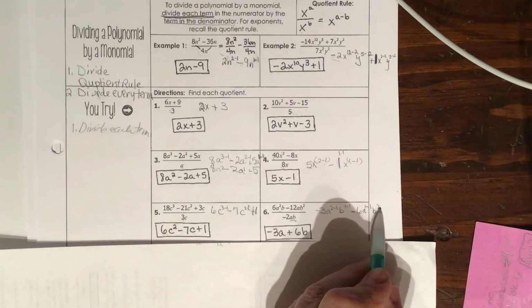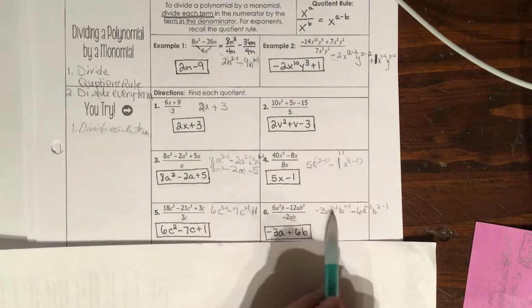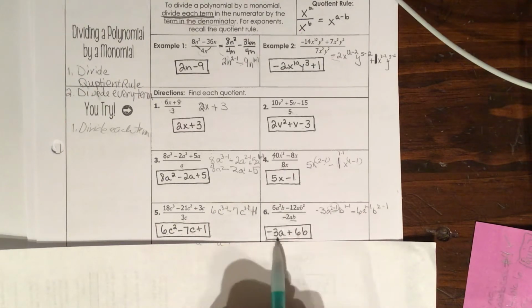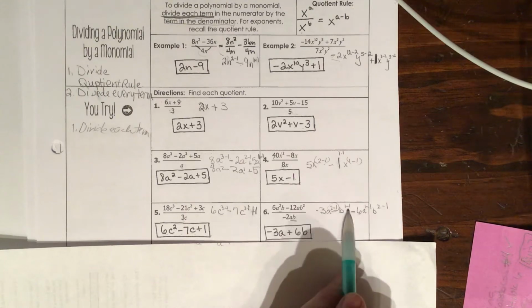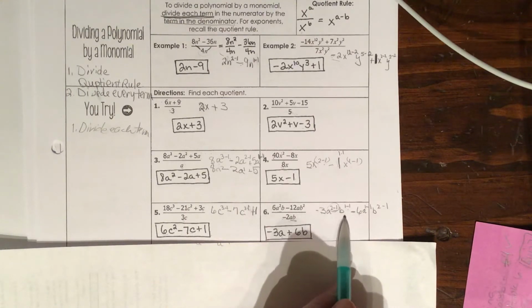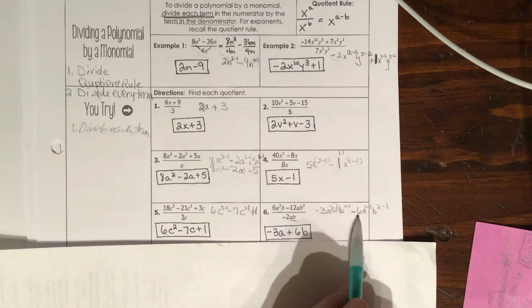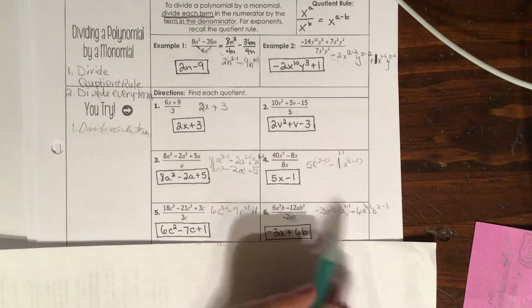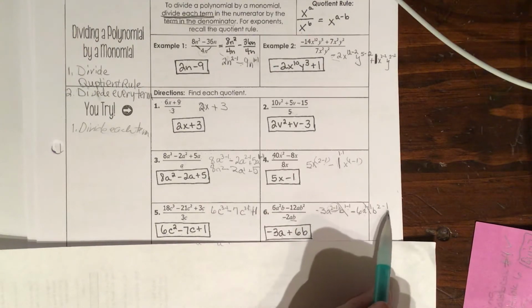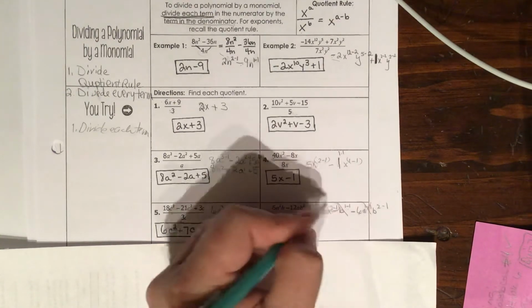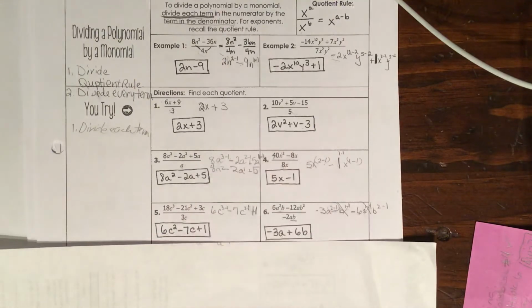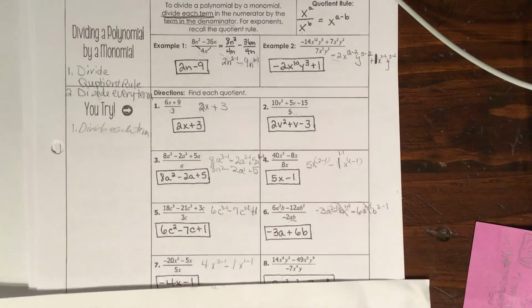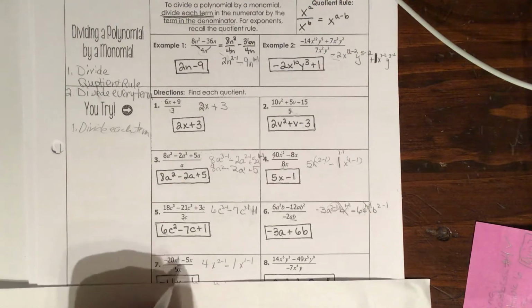B 2 minus 1. So when we take A 2 minus 1, it gives you A. B is a 1, a 0, so you don't put anything for B. And then A is a 0 here, so it crosses out. This one crosses out, and it's B to the first. Sometimes I like to just cross these out so I know that they're no longer there. Okay? That helps me.